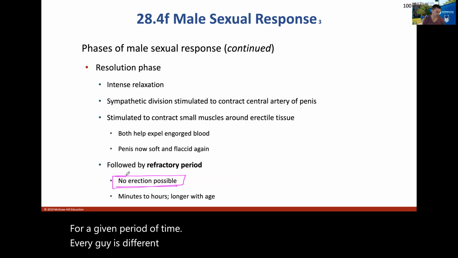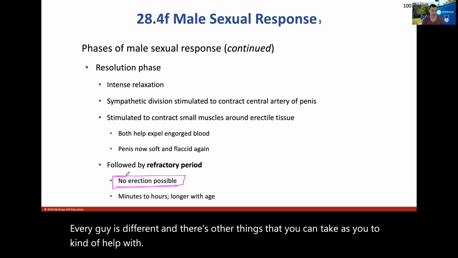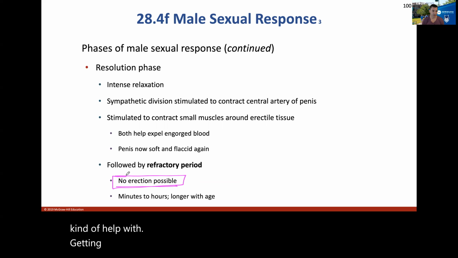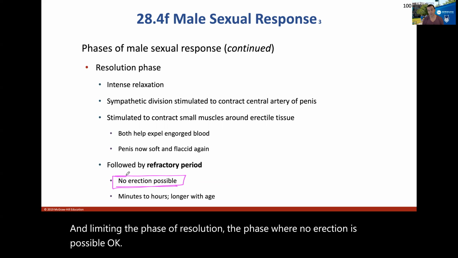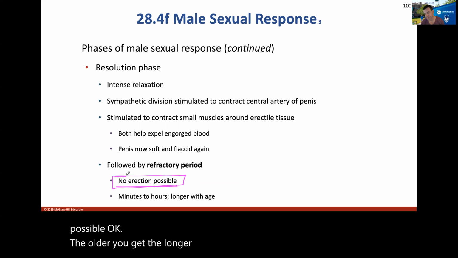And there's other things that you can take, as you well know, to kind of help with getting an erection following the ejaculation process and limiting the phase of resolution, the phase where no erection is possible, okay? The older you get, the longer that phase can be, which is very different from a female.